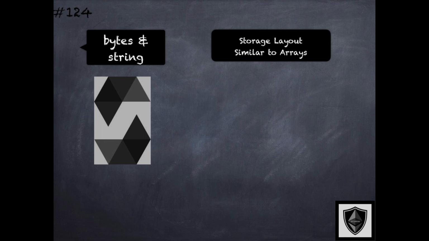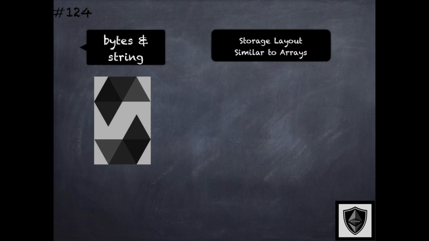This has an interesting optimization. The storage layout for these types is very similar to arrays. So the actual storage slot, depending on the declaration order, stores the length of these types, and the elements themselves of the variable are stored separately in a storage slot that is determined by taking the Keccak 256 hash of the storage slot assigned to store the length.